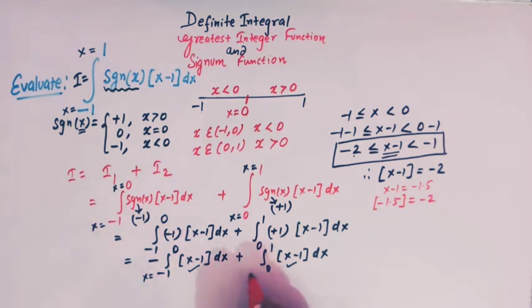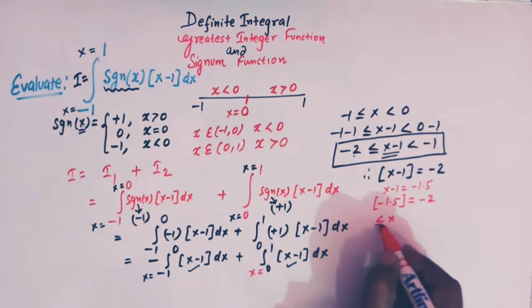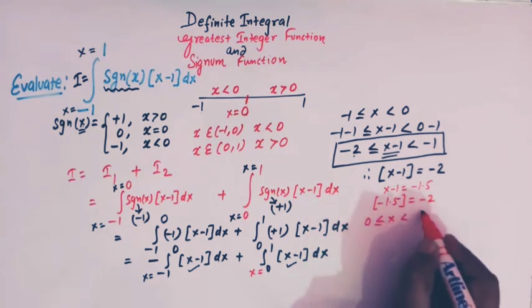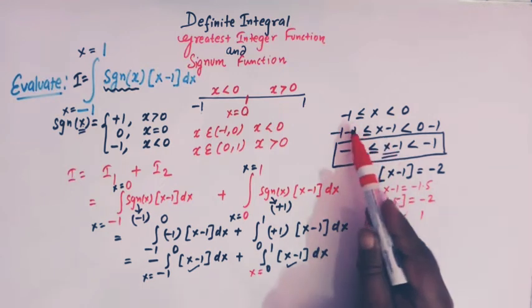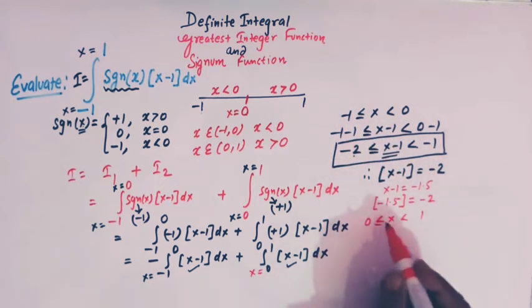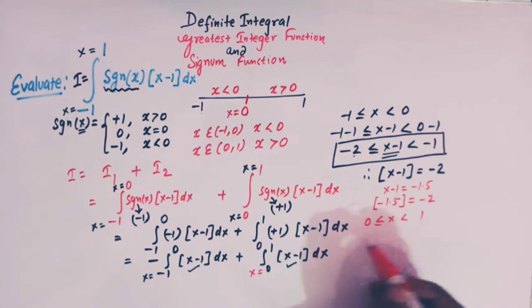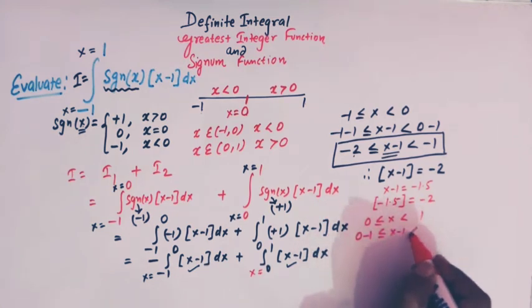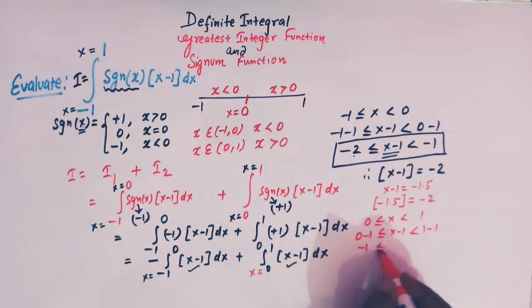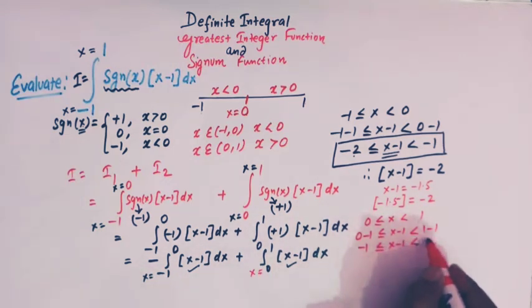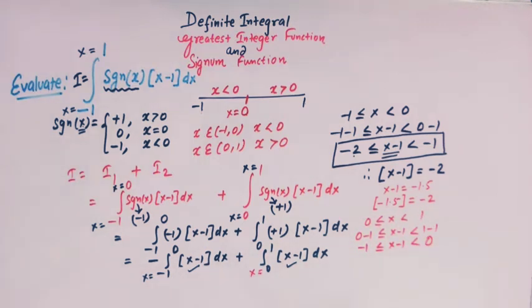Okay, now let us come to this one. So here we see that x varies from 0 to 1, right? Now let us follow the same steps. Now subtracting 1 throughout, we have 0 minus 1, here we have x minus 1, here we have 1 minus 1. So this is minus 1, this is x minus 1, and here we have 0, right?